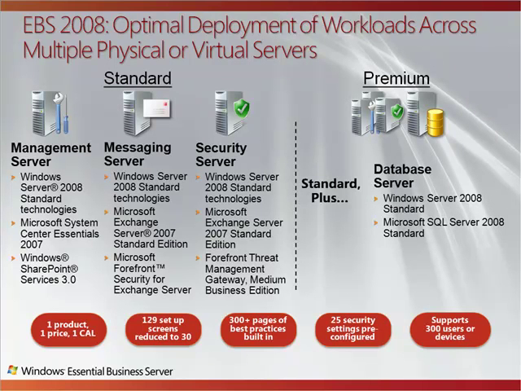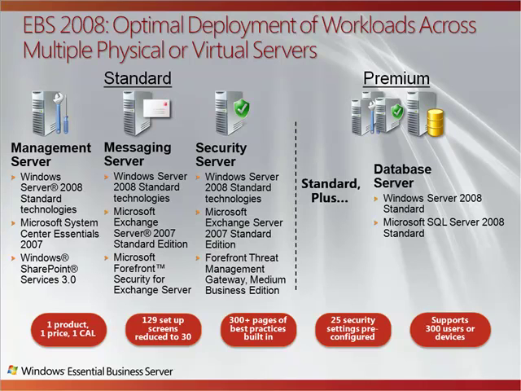So taking a closer look at how this is deployed and how it's designed to work. Again, this is the optimal deployment of these key workloads that can be done across physical or virtual servers. The standard solution has 3 servers. So again, these are not going to be things that you shuffle around or figure out how to implement. The implementation is part of the solution.